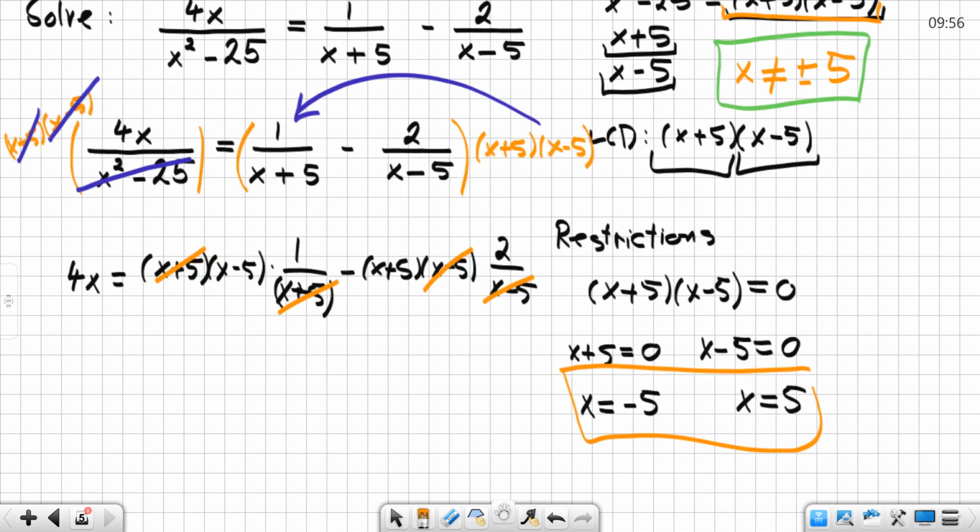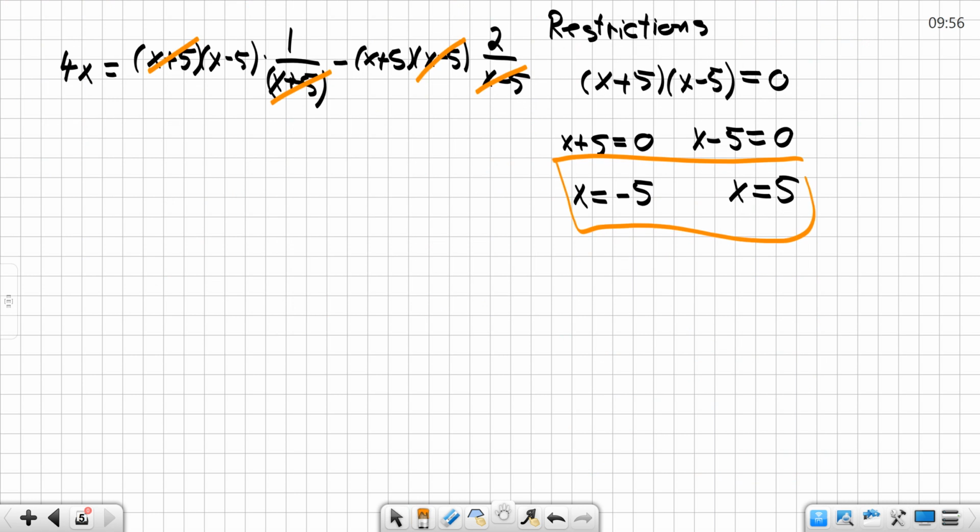So again, I'm writing down the equation that I actually am going to solve. And that equation looks like this. 4x is equal to x minus 5 times 1 minus x plus 5 times 2.